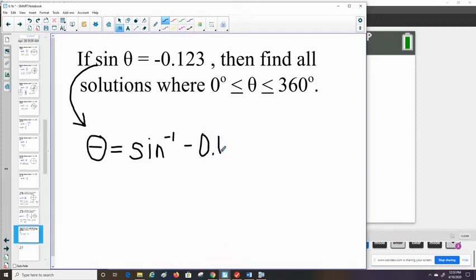And technically, we've been doing this for the last half hour. We've been doing inverse sine, inverse cosine, but we've been thinking of it in terms of the unit circle. What is the angle that has this sine value? When I plug this into my calculator, it is going to give me the angle that has a sine of negative 0.123.